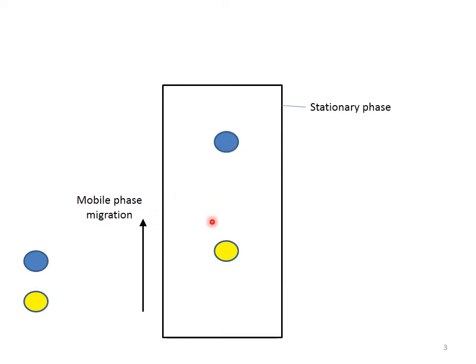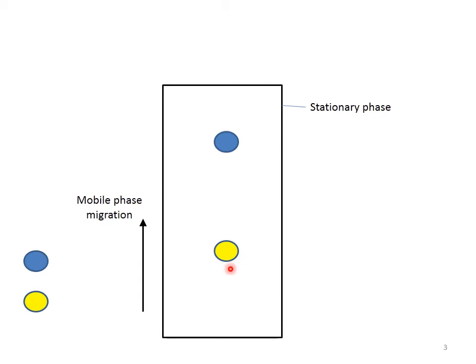So these molecules are going to be carried away along with the flow of the mobile phase, and therefore these molecules travel greater distance. The other molecules, represented by this yellow circle, have greater affinity for the stationary phase as compared to their affinity for the mobile phase. So they are not going to be carried away to a similar extent along with the mobile phase.